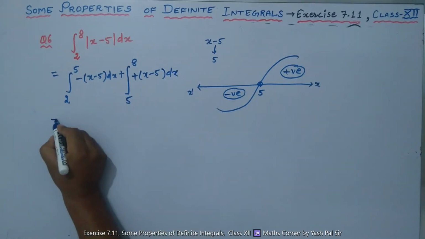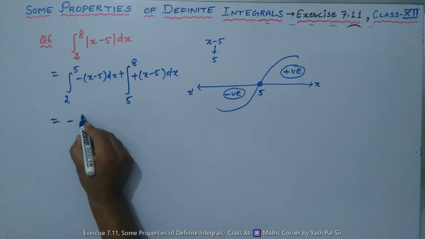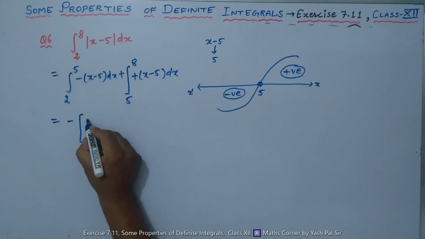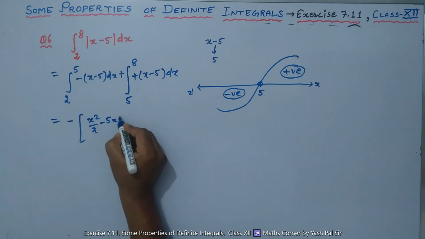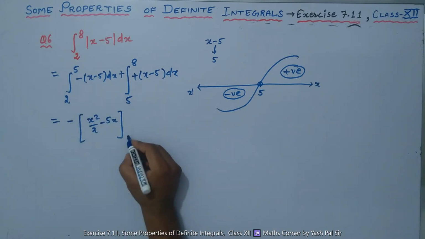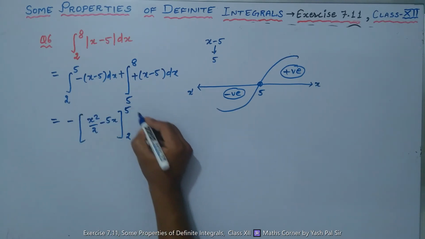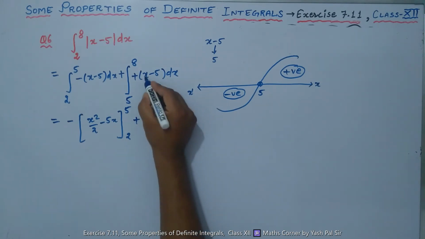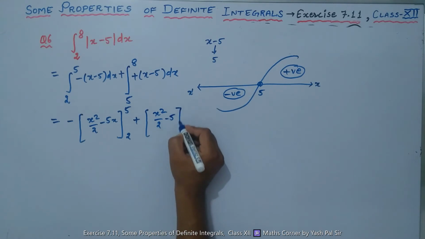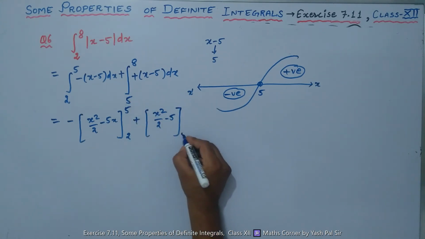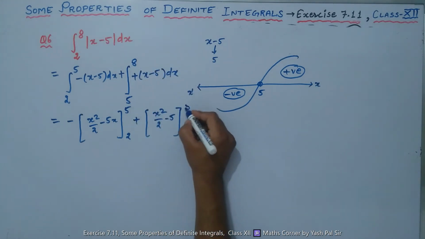So this way this becomes minus outside x square upon 2 minus 5x, lower limit is 2, upper limit is 5. For next, x square upon 2 minus 5x, lower limit is 5, upper limit is 8.